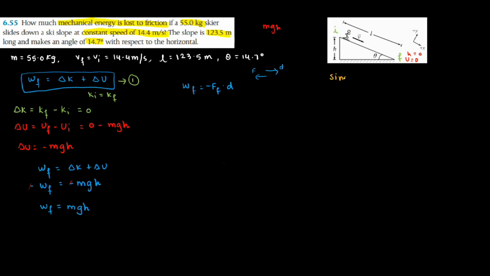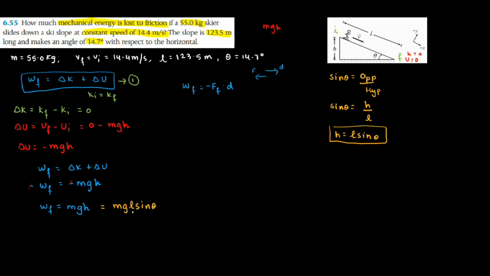We know that sine theta is opposite side over the hypotenuse. So I can write sine theta as h over the hypotenuse, which is L. And my h will become L sine theta. Let's substitute this in our equation here. I can write my W_F as mgL sine theta.